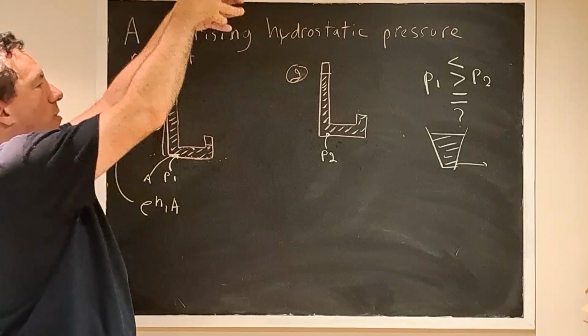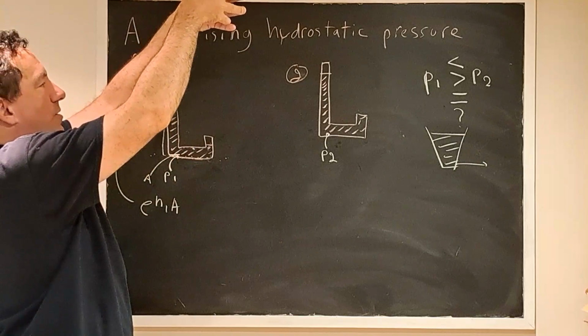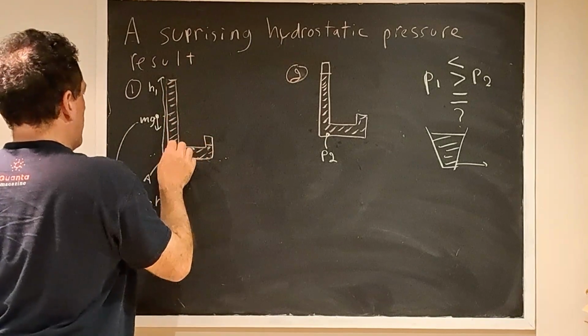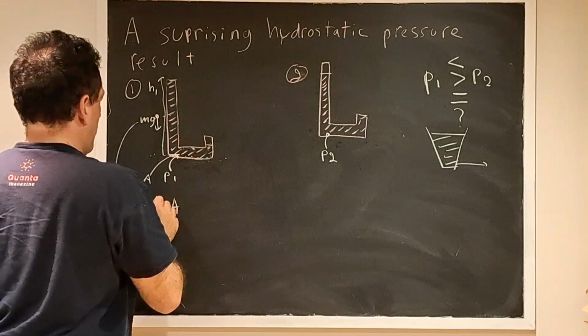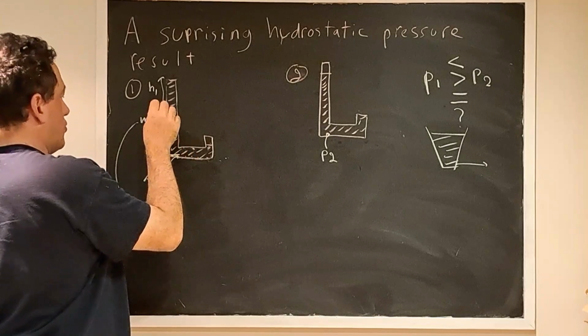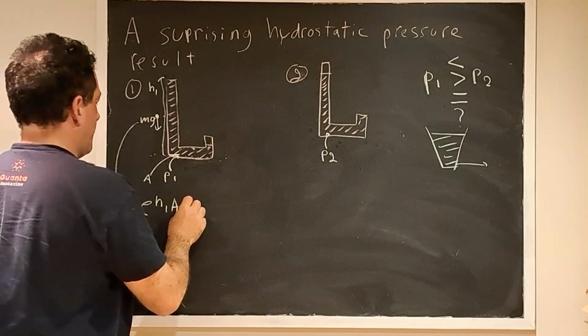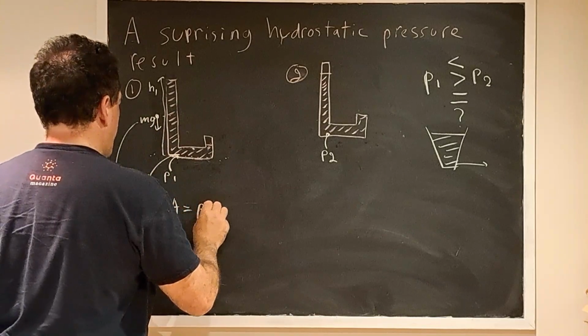So we suppose we have a column of a given constant cross-sectional area. We just look at the force. So the total force due to gravity is rho h1 A, and this should be equal to P1 A.